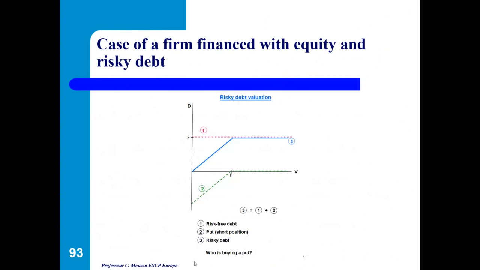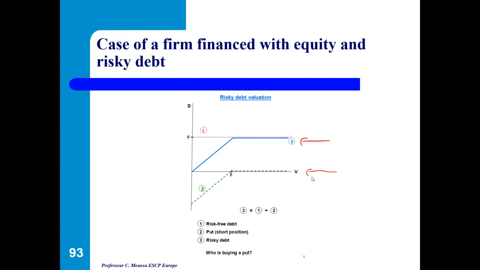So this is the risky debt. What I'm doing here is some construction game. It looks like selling a put, but without the premium, because we don't take into account the premium. We will go back to the premium.